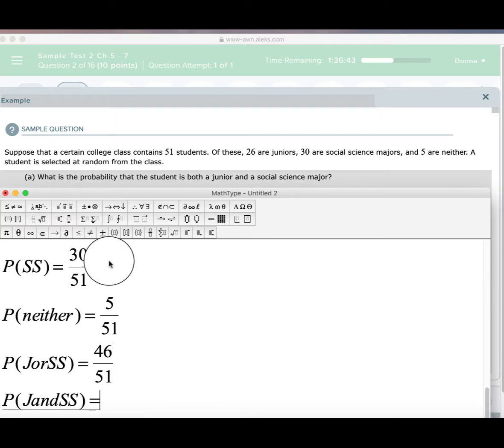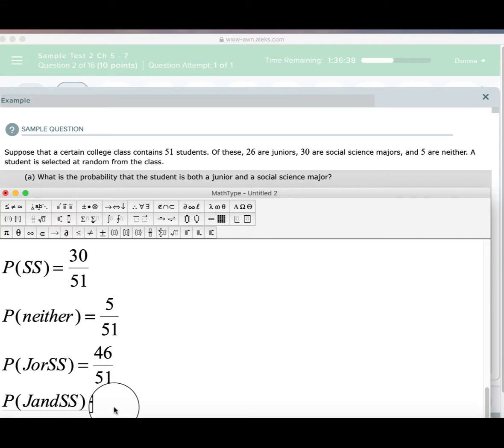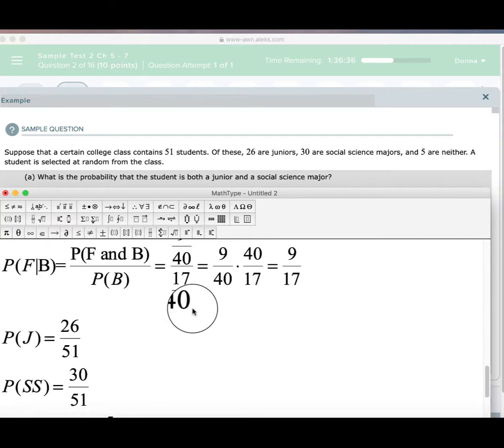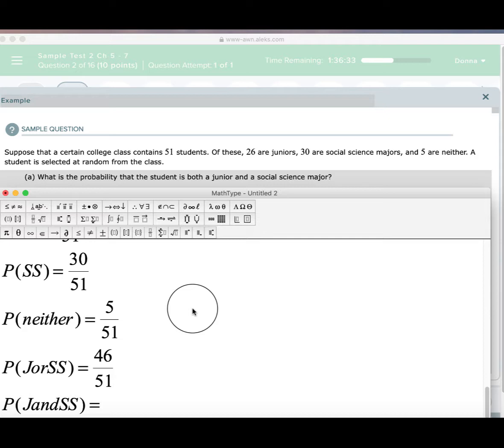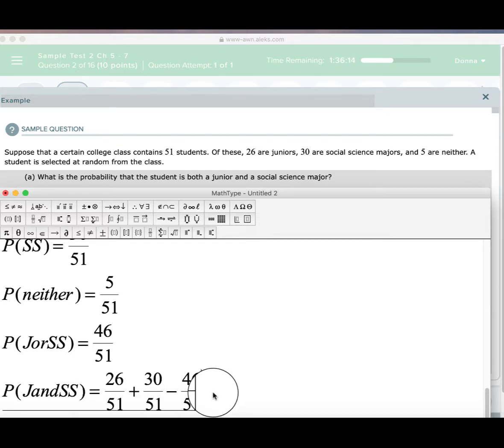So we're going to take the 26 out of 51 plus the 30 out of 51, and minus the 46 out of 51. So 26 and 30 is 56, and 56 minus 46 is 10 out of 51.